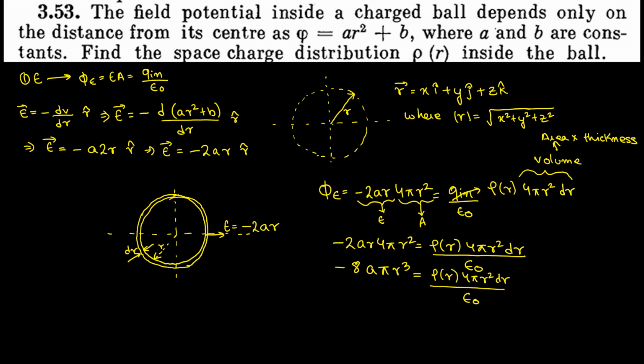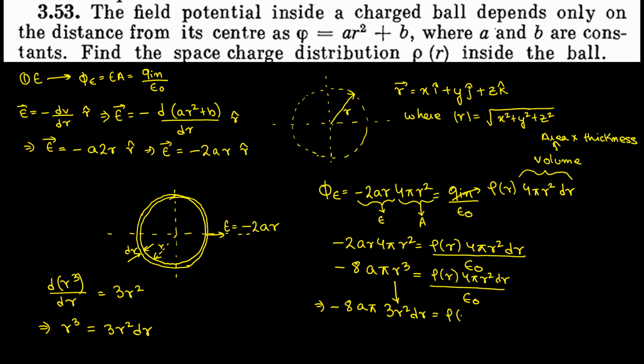Now if I differentiate r cube with respect to r, I get 3r square, so r cube can be written as 3r square dr. So this can be written as minus 8a pi, and r cube as 3r square dr, which is equal to rho r 4 pi r square dr by epsilon naught.